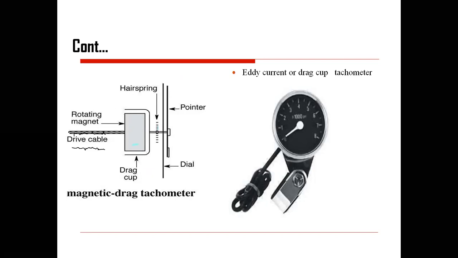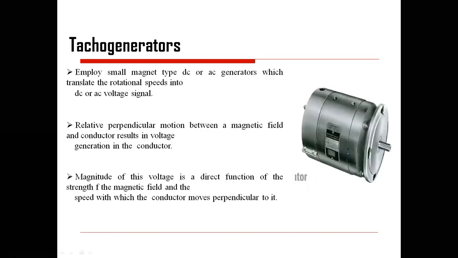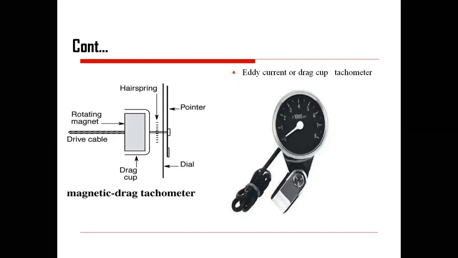Now, when this rotating magnet rotates, at the same time this drag cup is stationary, and the gap between them will be minimum. The flux linked between these two parts is going to generate flux linkage.